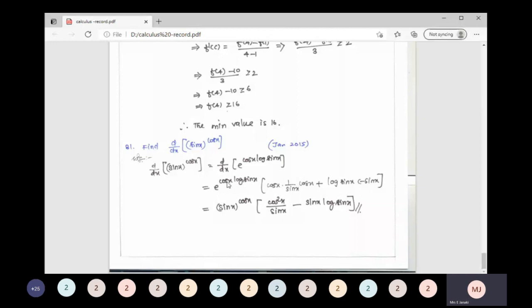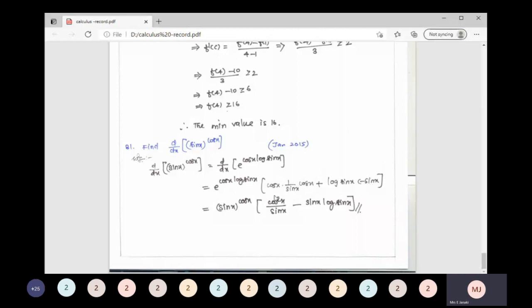So cos x into the derivative of log sin x, which is 1 by sin x, and again differentiate sin x, so we get cos x. Plus log sin x, and the derivative of cos x is minus sin x.